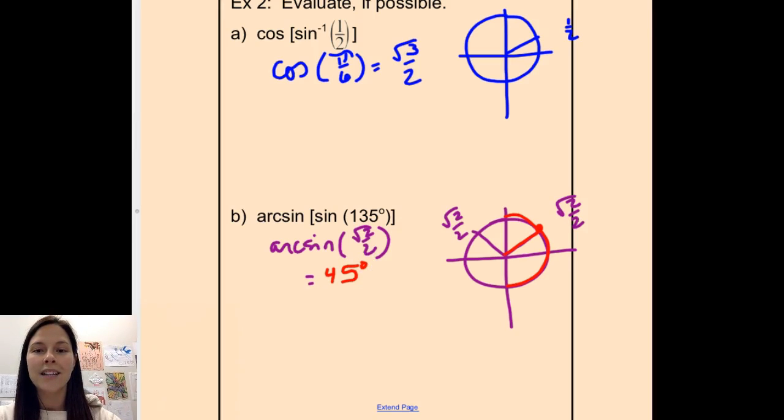So the arcsine of the sine of 135 degrees doesn't just cancel and leave us with what we inputted. It has to give us a value in the range of the arcsine function.